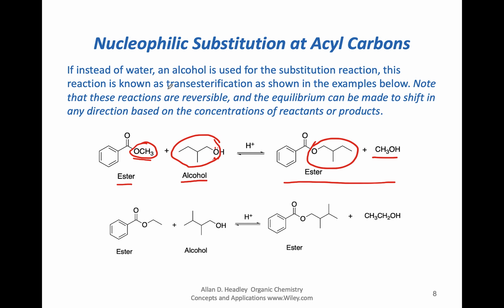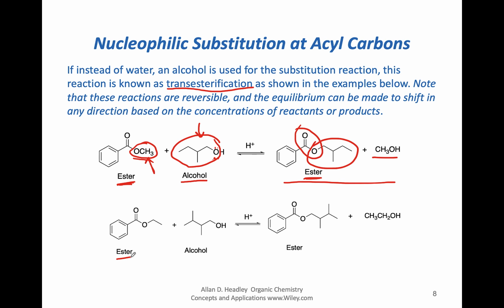These reactions are called transesterification because, as you can see, this is an ester in the reactant and this is an ester right here in the product. But it's a transesterification because we're exchanging this OR group for this OR group. Here's another example.